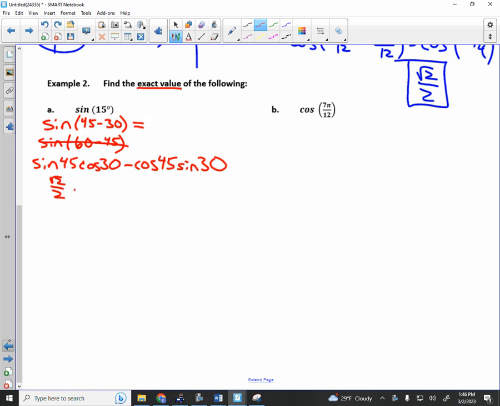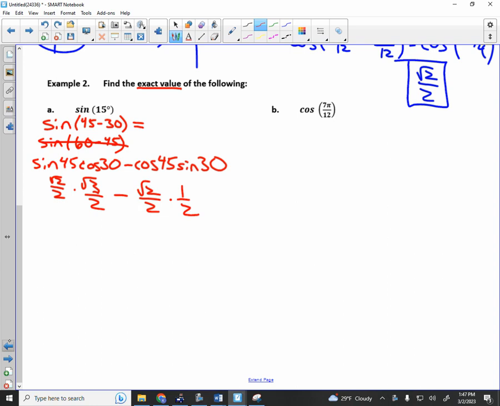Cosine of 30, root of 3 over 2, minus cosine of 45, root of 2 over 2, and sine of 30, 1/2. So I'm going to simplify this expression.